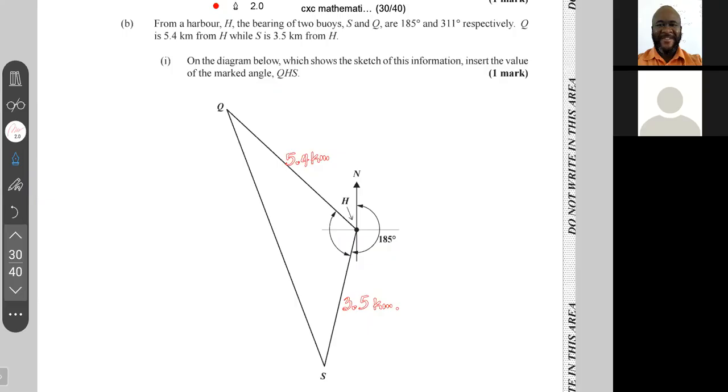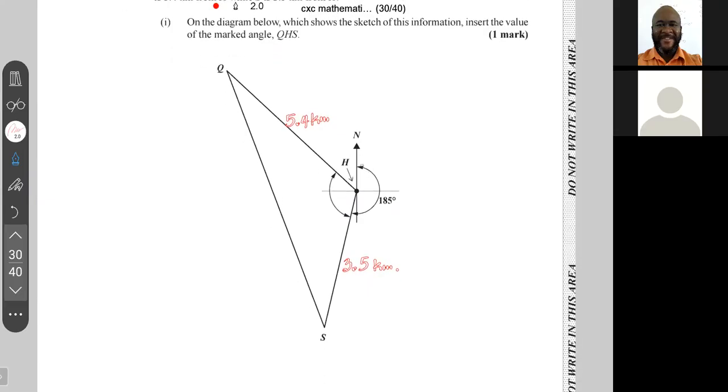It's not difficult actually. Remember the bearing of Q from H is 311. So bearing is measured clockwise from what? North. So the angle that goes all the way around is 311 degrees. We need the angle in the middle. From north, coming around to the first side of the triangle is 185. From north, going all the way around to the other side of the triangle, it's 311.